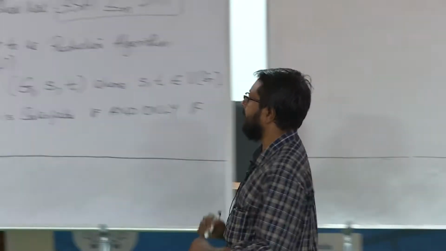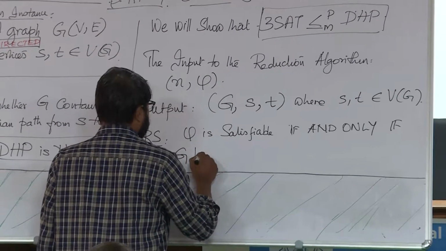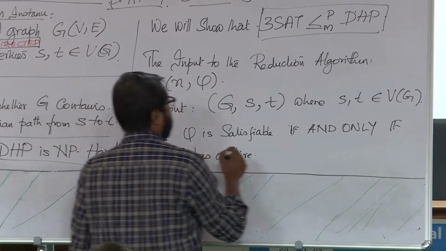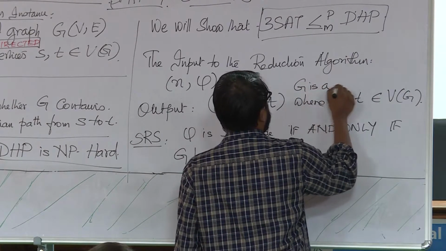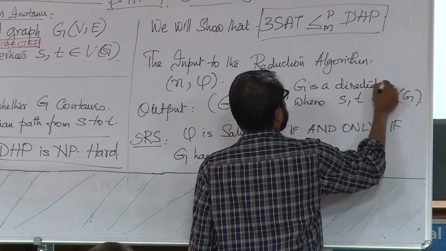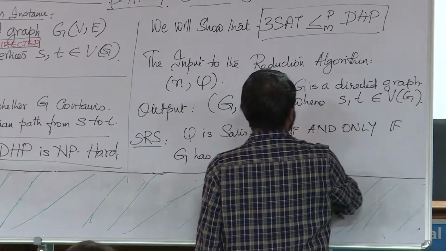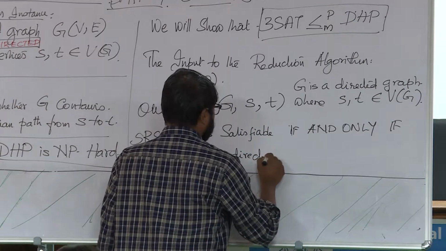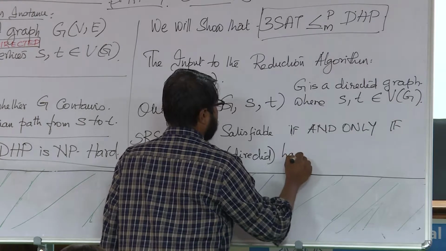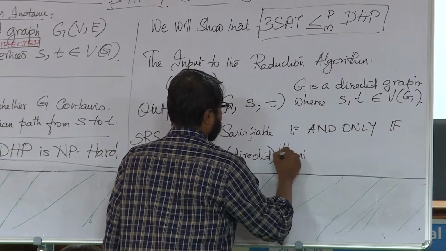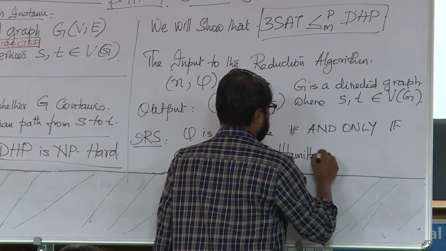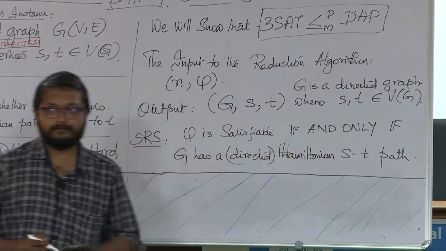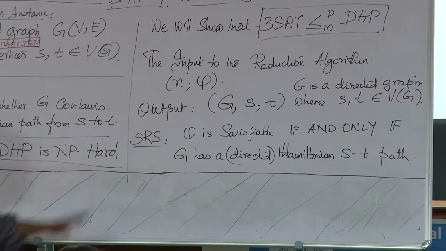So phi is satisfiable if and only if G has a directed Hamiltonian ST path, where the output G is a directed graph with S and T vertices in G. Okay. So this is what we are going to do.